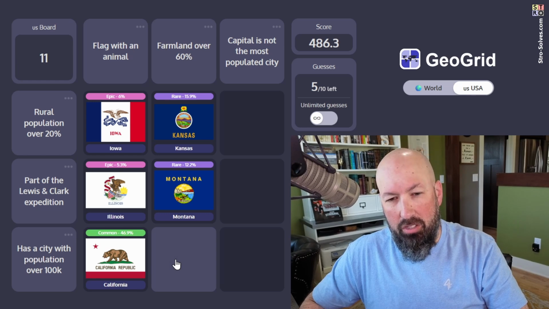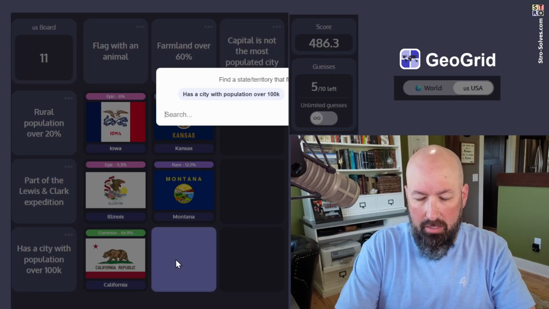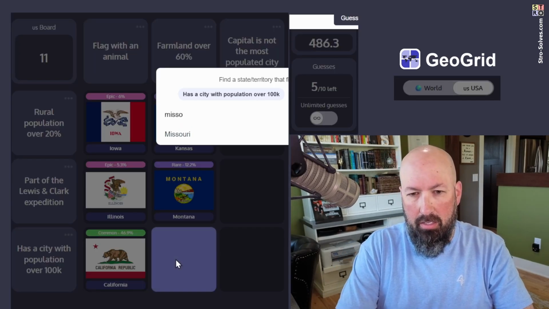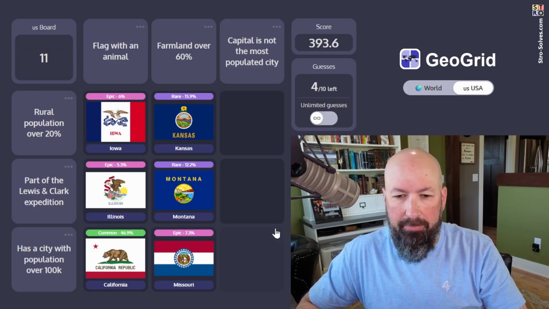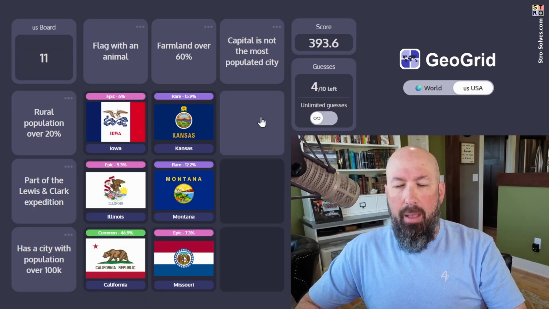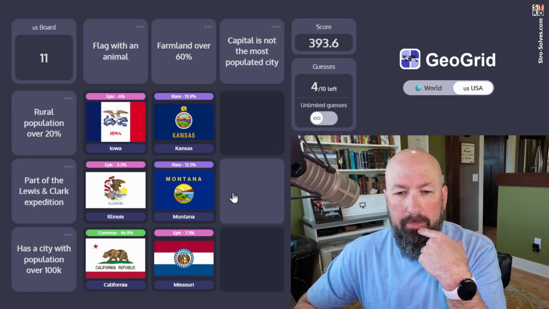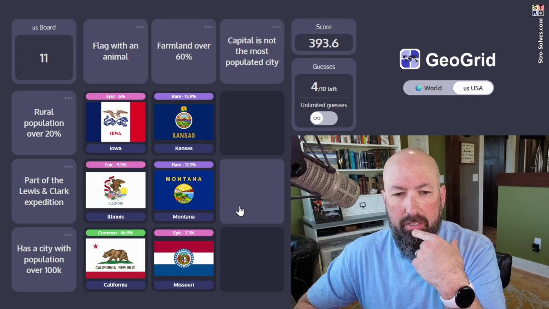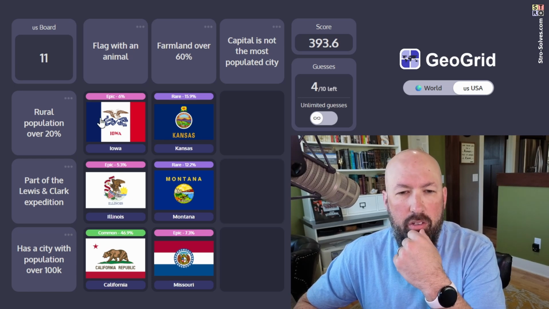We could do Missouri. Missouri, sure. Why not? Okay. Now, capital is not the most populated city. Rural population, part of the Lewis and Clark expedition. I should have used Wyoming for one of the animal ones.